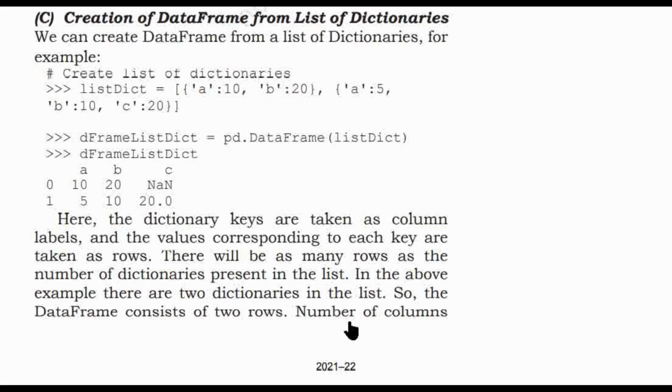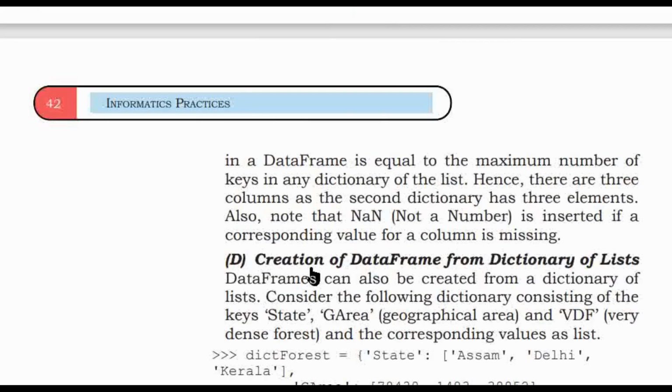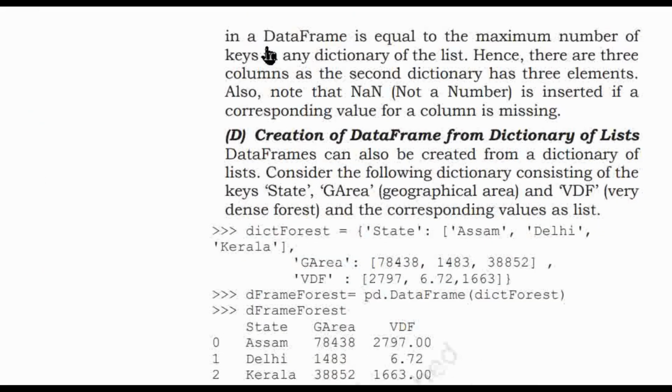The number of columns in a DataFrame is equal to the maximum number of keys in any dictionary of the list. Hence there are 3 columns as the second dictionary has 3 elements. Also note that NaN, not a number, is inserted if a corresponding value for a column is missing.